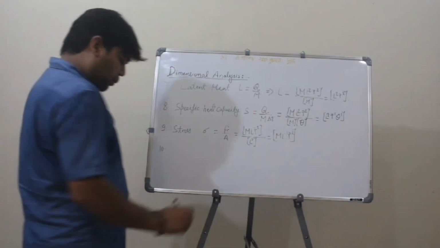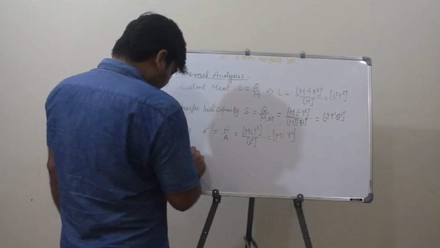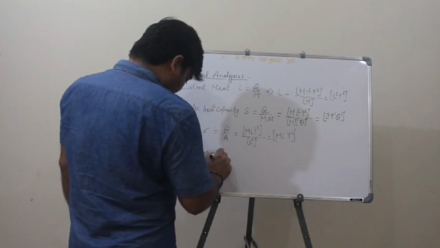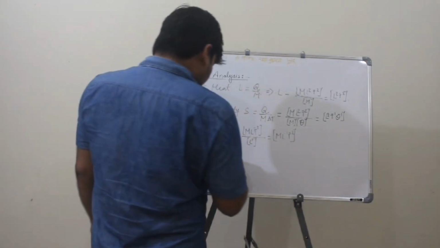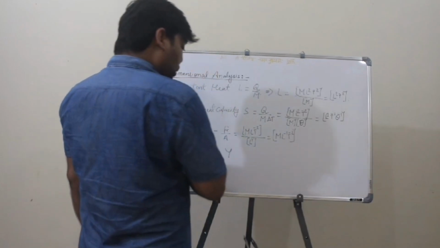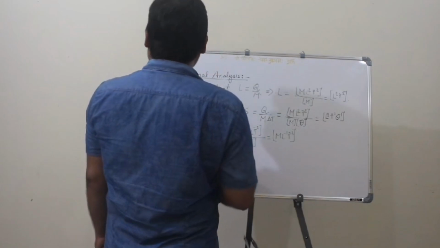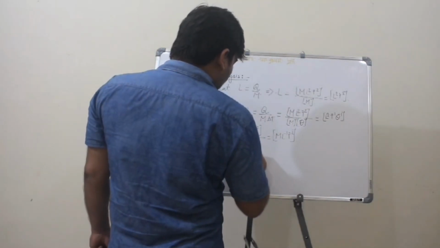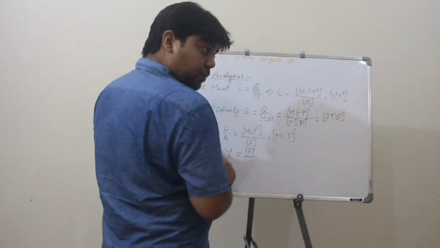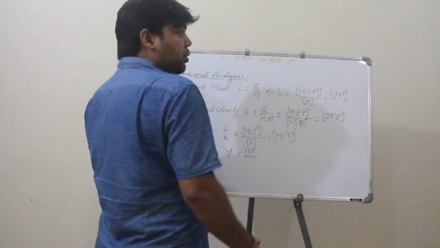Now let us go to surface tension. So surface tension is defined as Newton per meter. If you define it as Y, it is force per meter, or pressure multiplied by R, which is usually how we calculate surface tension.